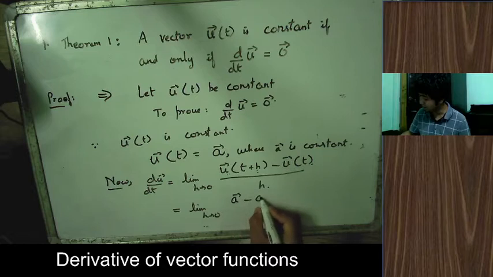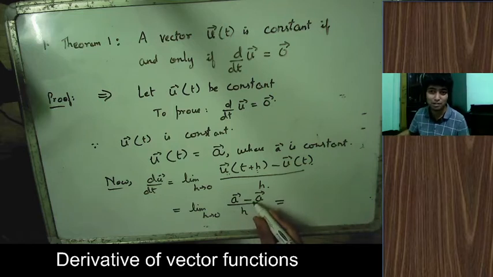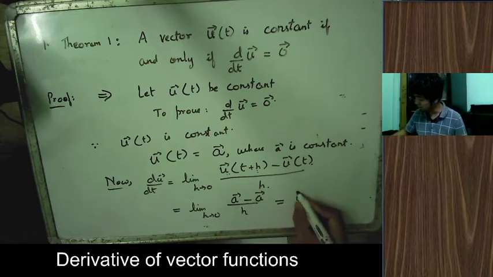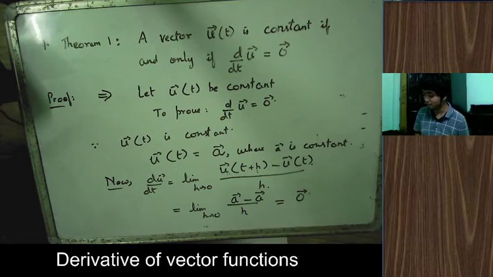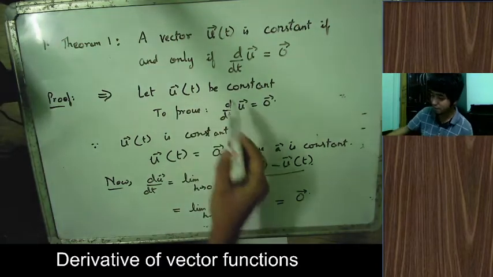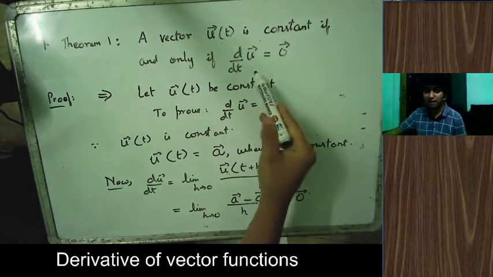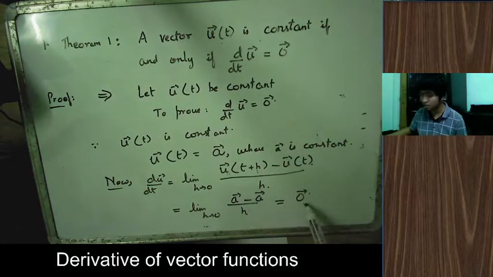It won't matter. u bar (t) will also be equal to a. So a minus a will give you the zero vector, and the whole thing will become a zero vector. So we have done it. If it is constant, then du/dt will be equal to 0.